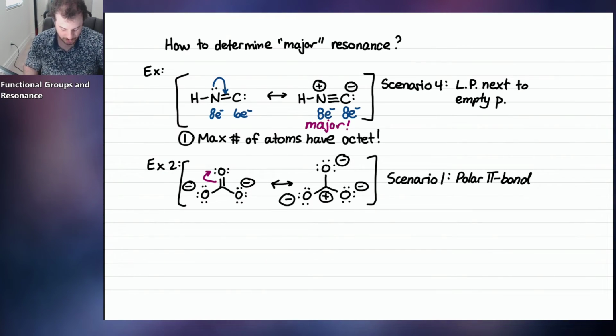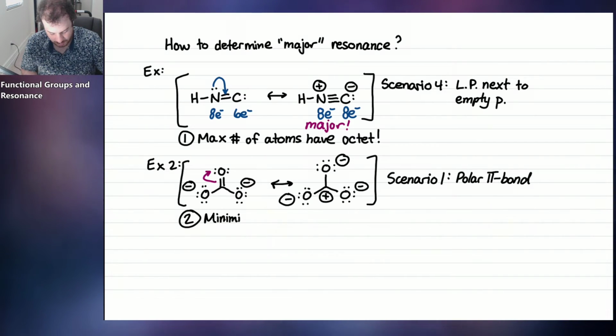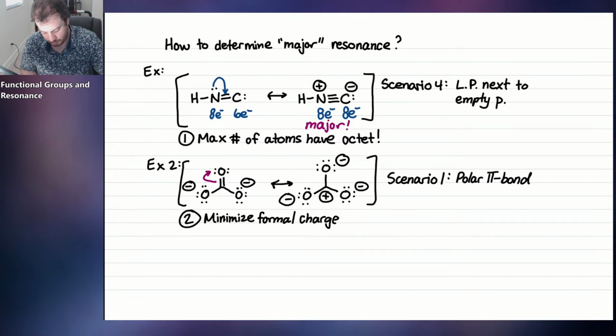Now, rule number 2 says you would like to minimize formal charges. So after you make sure that the most major resonance structure is going to be the one where all the atoms have an octet, the second thing you want to consider is minimizing formal charges.